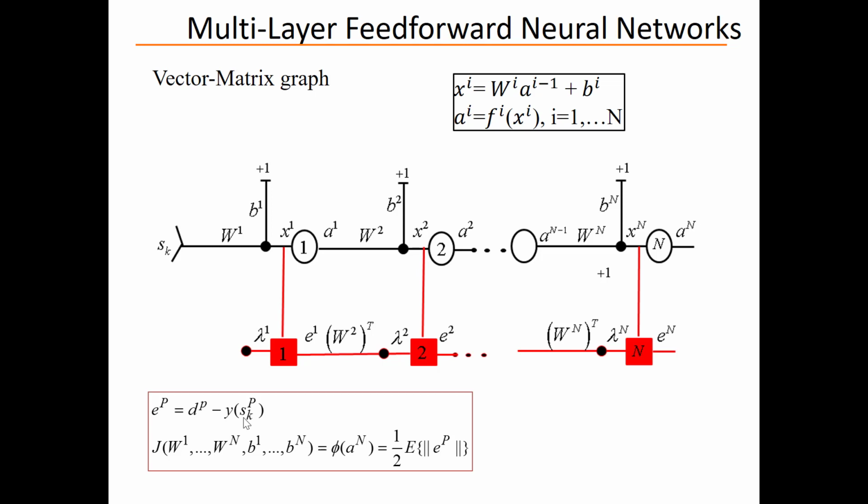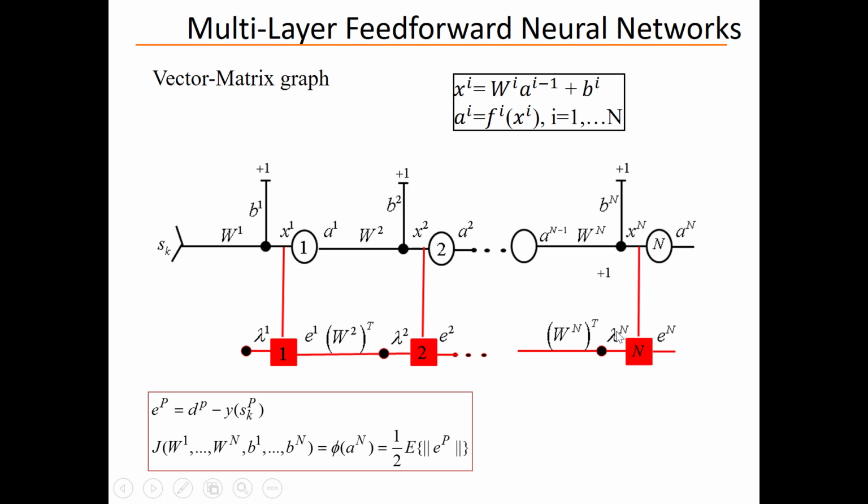And those intermediate variables can actually be laid out as a network, which is the red network here. And this network is going to be propagating backward, in the sense that it takes as input the final error that you have at the output here, and that's what drives this network backward.